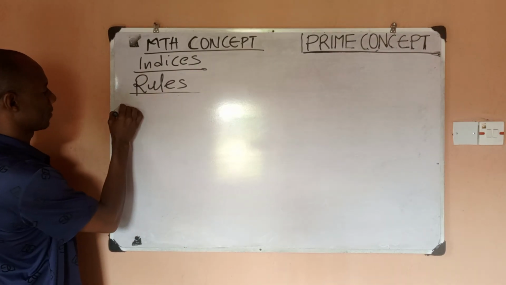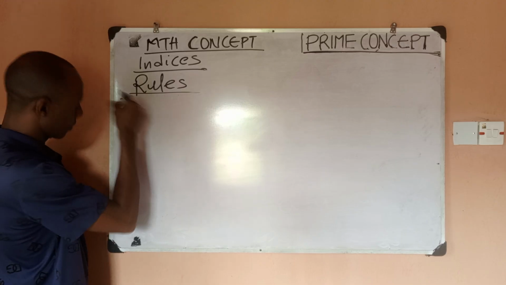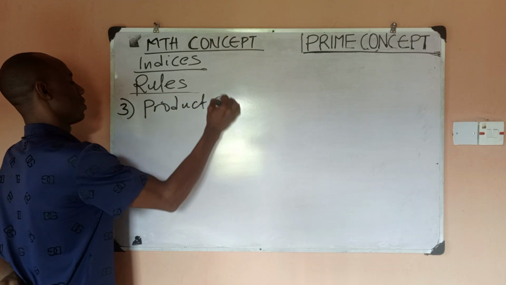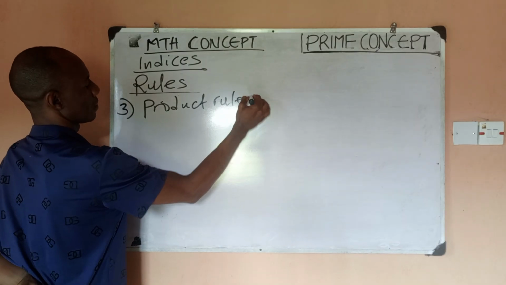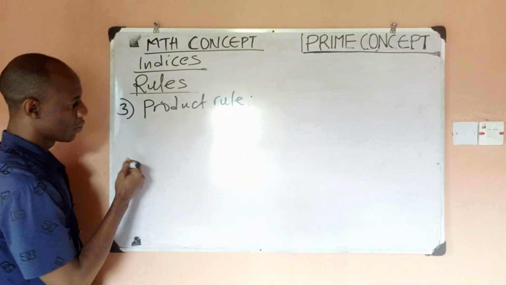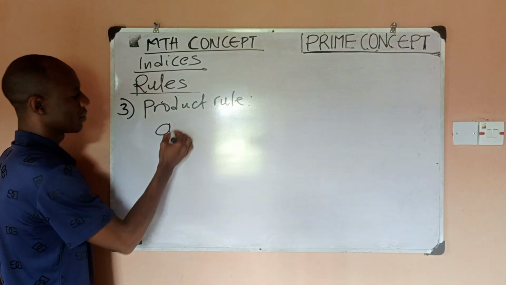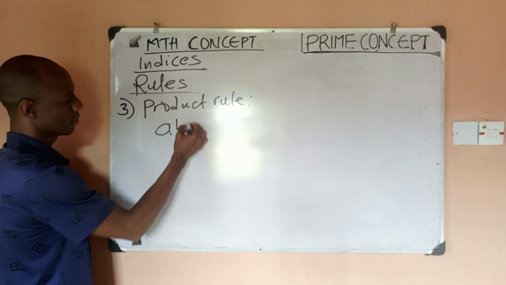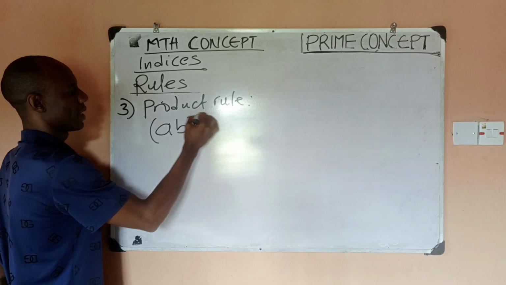the product rule. Number 3 now. Product rule. Right? Now say we have a raised to power a times b, this product now, raised to power n.